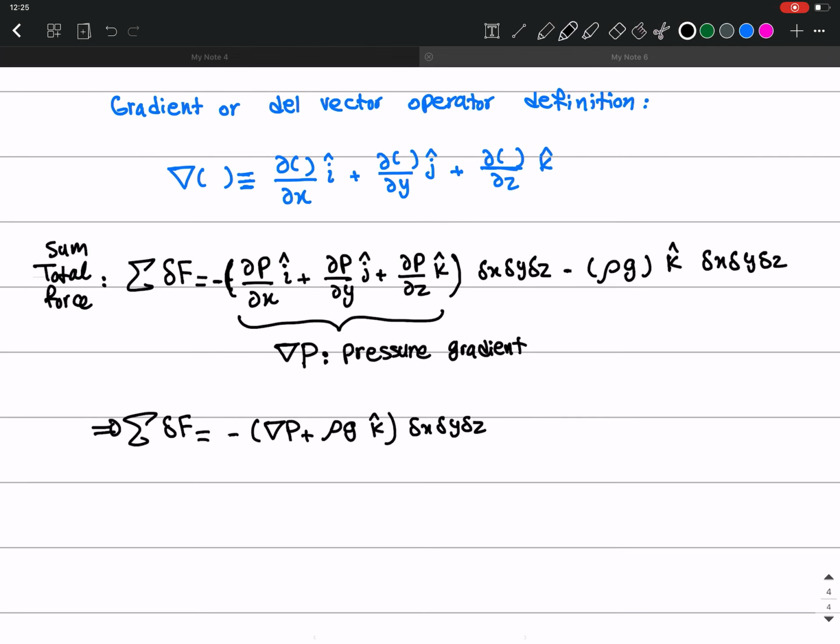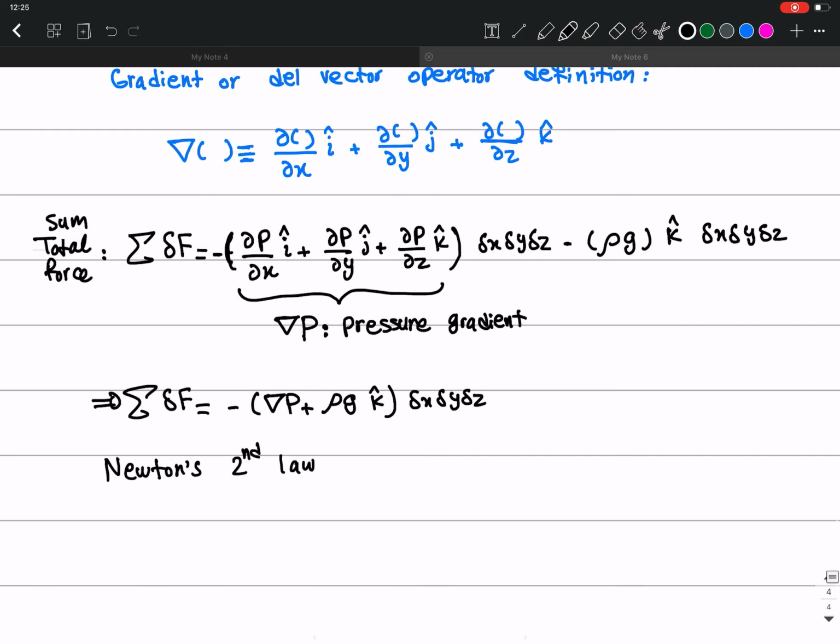Okay. So now I'm going to just use Newton's second law to find these forces based on the acceleration of the fluid, okay? So this is a very general statement. So the sum of the forces, based on Newton's second law, is going to be m, the mass, times acceleration, correct?